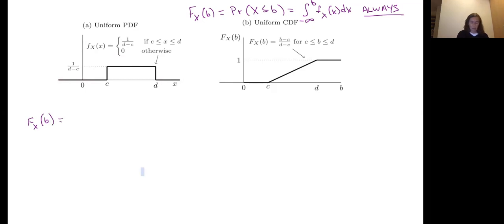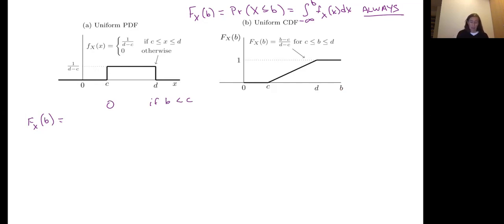Well, first of all, if b is less than c, it's going to be 0. All these possible values of b that are less than c have no probability.